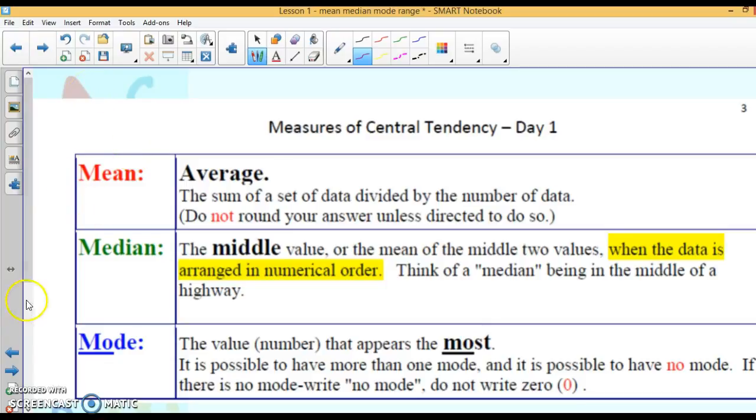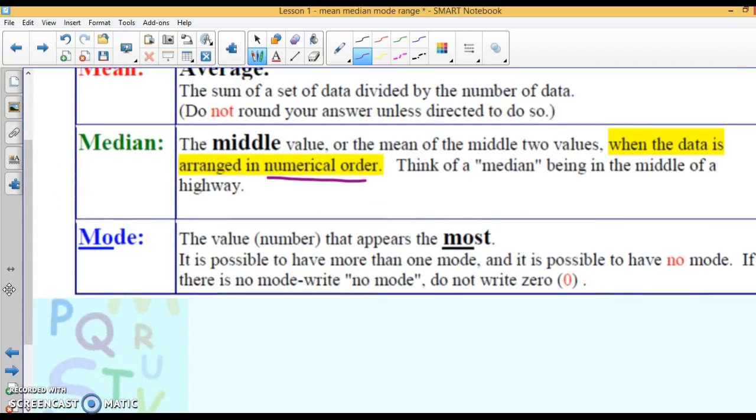Mean is the average. So, to find the mean, you add them all up and divide by how many there are. Median is the middle number. You've got to make sure that they are listed in order to find the middle. And if you've got two middle numbers, you take the average of those two middle numbers. Mode is the number that appears the most. It is possible to have no mode.